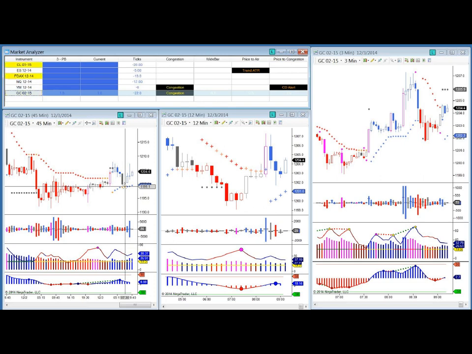It was red because price made a low. The volume color is based on price action. Okay?